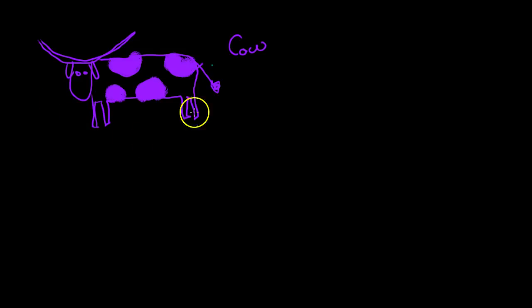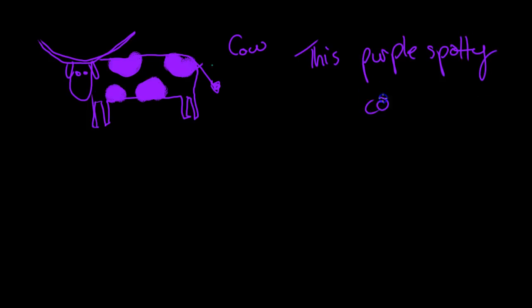Here is a noun. I wonder if you could add words to this noun to turn it into a noun group. Pause the video and take a moment to add words to this noun to turn it into a noun group, and then I will show you some of my examples. Some of my examples are this purple spotty cow.